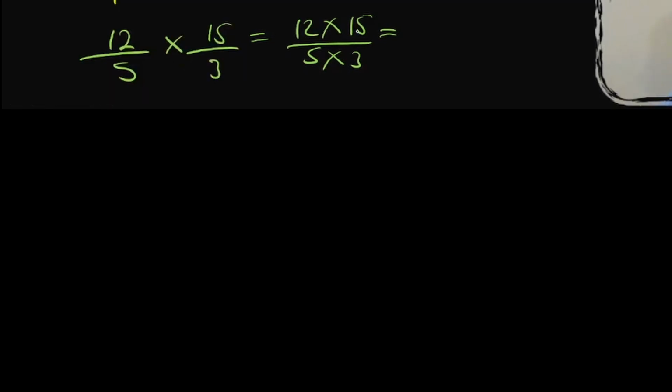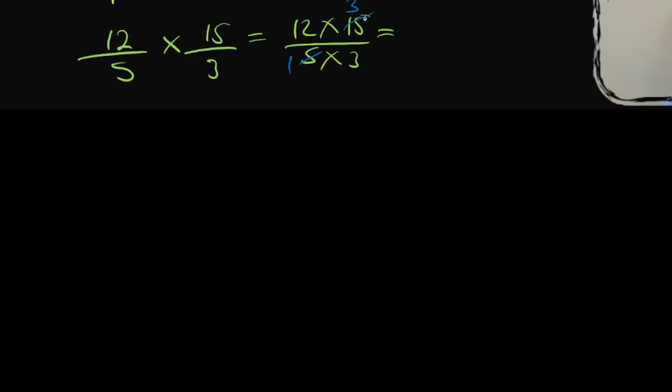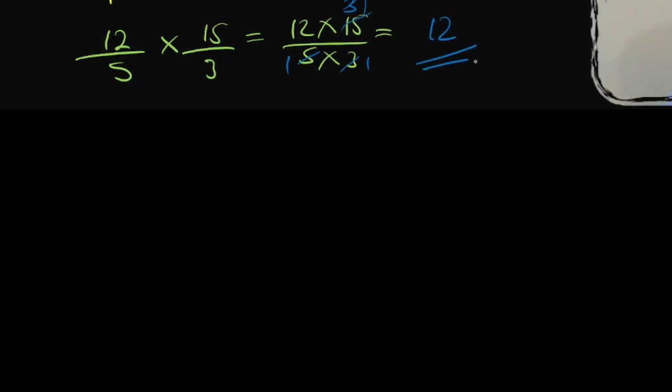Now, can I cancel anything? Yes. 15 and 5, both I can cancel with a 5. 15 by 5 is 3. 5 by 5 is 1. Now this 3 and this 3 I can cancel. 3 by 3 is 1, 3 by 3 is 1. Both got cancelled. 12 times 1 is 12, divided by 1 times 1 is 1. 12 by 1, my answer is 12.